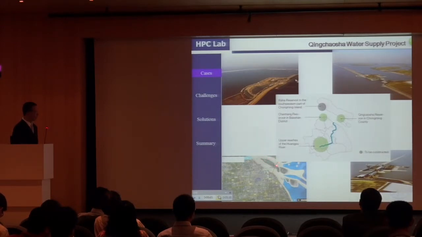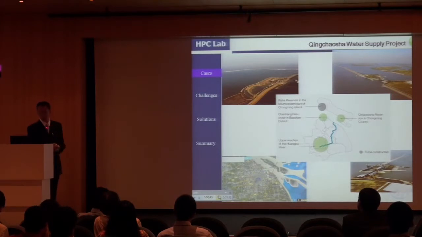And also the pipeline should cross the Yangtze River and transport water to the whole city. The total length of the tunnel or pipeline is more than 230 kilometers.